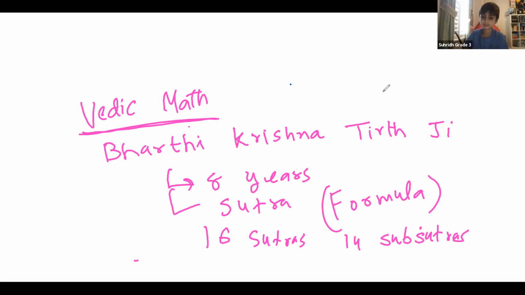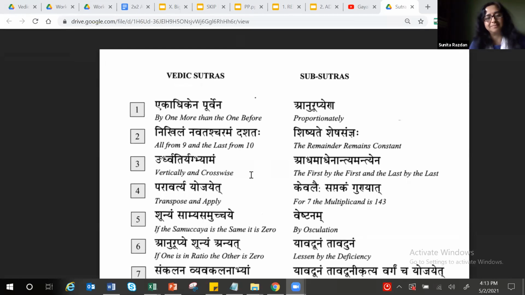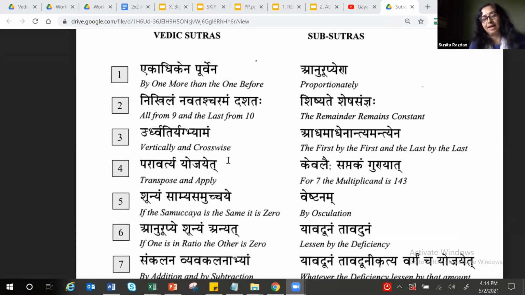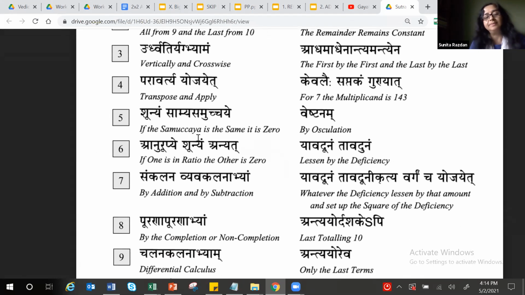Okay, if everybody's done, I want to show those sutras to you, all 16. So these are those Vedic sutras. Number 1, by 1 more than the one before, all from 9 and the last from 10, vertically and crosswise. This is Sanskrit. If anybody knows Hindi, you can read a little bit. Transpose and apply. If the samuchaya is the same, it is 0.